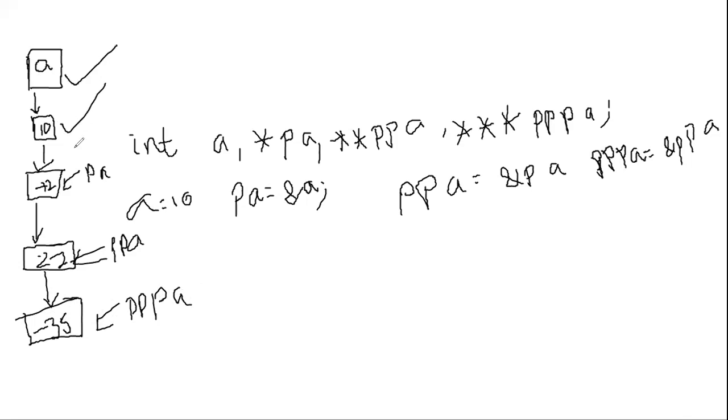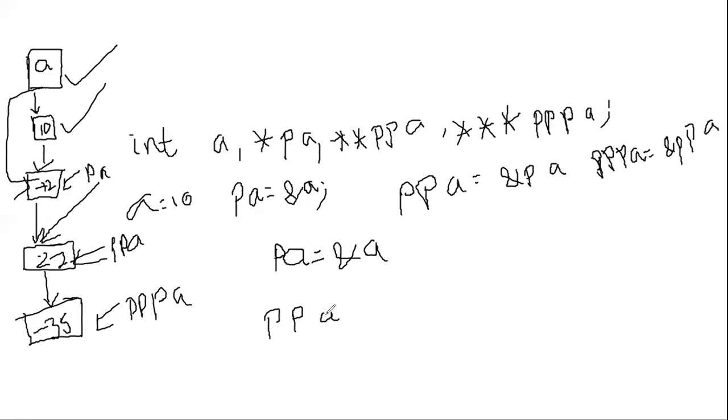So this is a normal variable name. It can store some value, and it has some address. That address will be placed in PA, so PA can store &A, the address of A. PPA can store this address, so this variable's address is this.